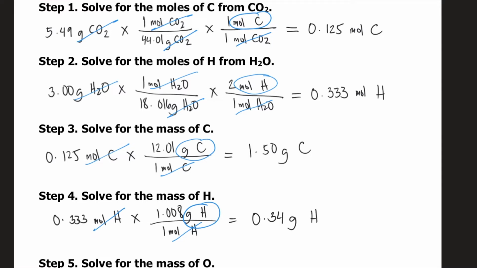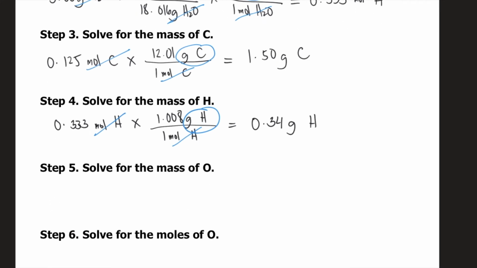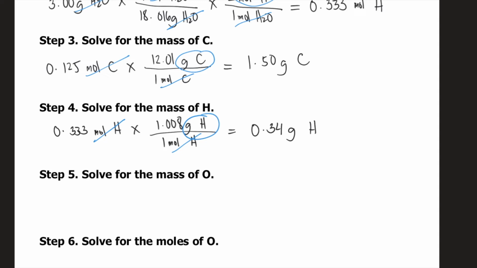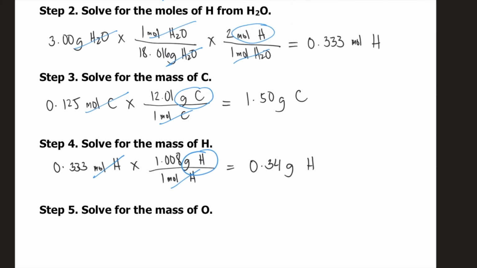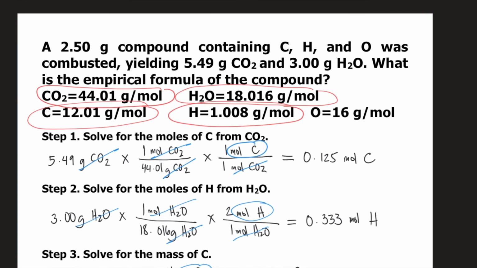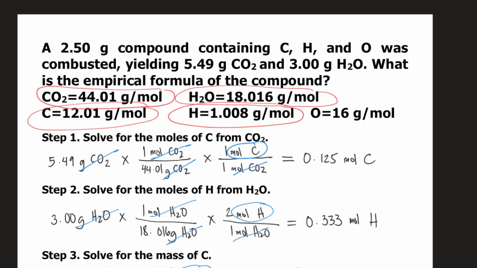Now let's move on to step number 5. Again, I hope you're still following. In step number 5, it says here, solve for the mass of oxygen. So how do we solve the mass of oxygen? Remember, if we go back to our initial problem, it says here that we are given 2.50 grams of the compound.